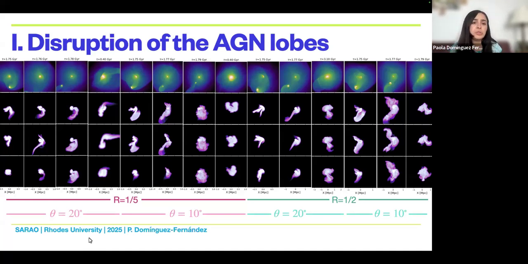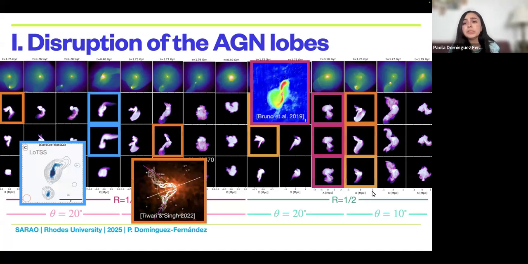And just to illustrate a couple of things, there are cases, for example, where we see sources that look like this, that resemble the morphology of wide-angle tails. We obtain things that look like this, which reminded me of this S shape that was observed by Bruno et al. in 2019.